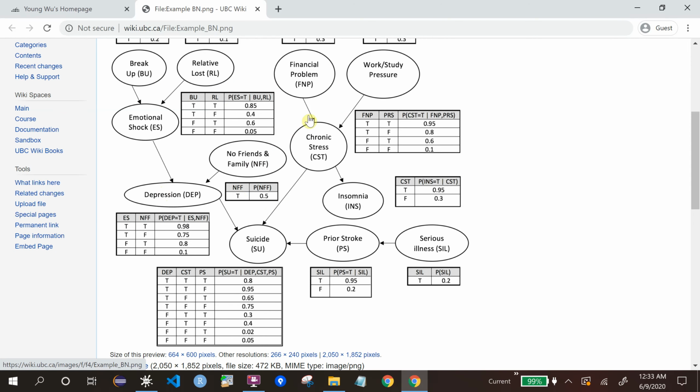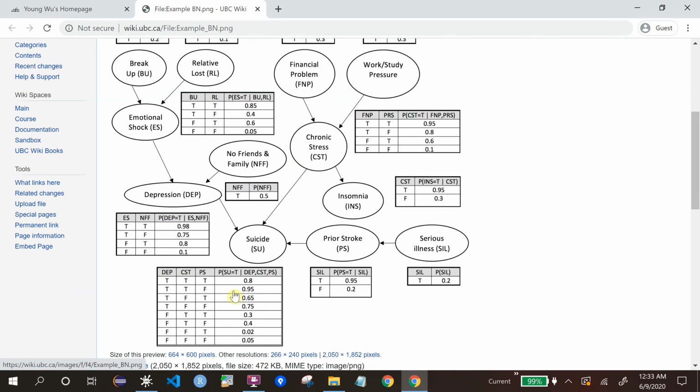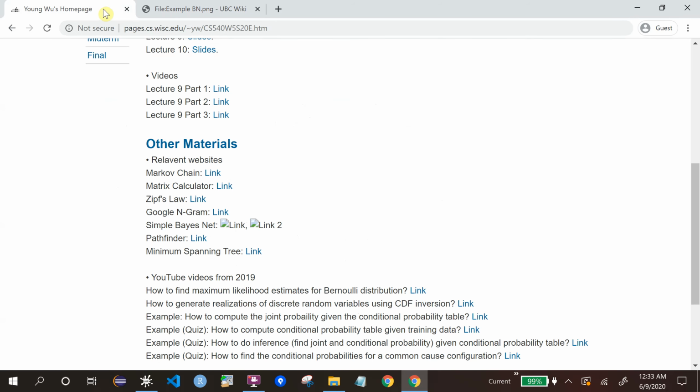Yes, for example, financial problems and emotional problems and illness are all related to suicide, and you store these conditional probabilities. Here it's basically a list of conditional probabilities that you need to store. It seems there are lots of variables, but only a few numbers to store, so it looks great.